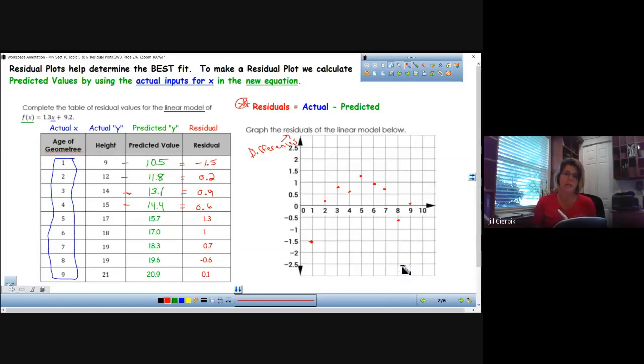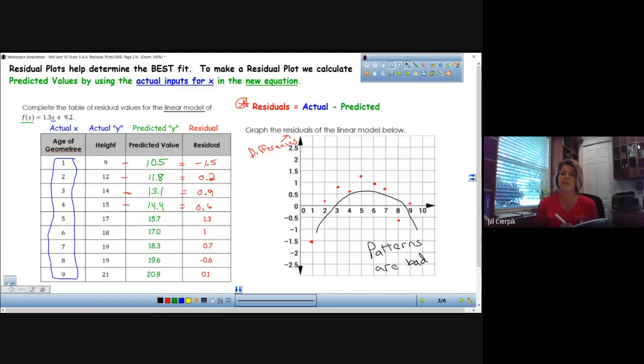And to me, if I tried to trace this pattern, it looks like a curvature, almost like a parabola. And I'm going to put a very important note right here that patterns on residual plots, and this is what I always tell everybody, patterns are bad.